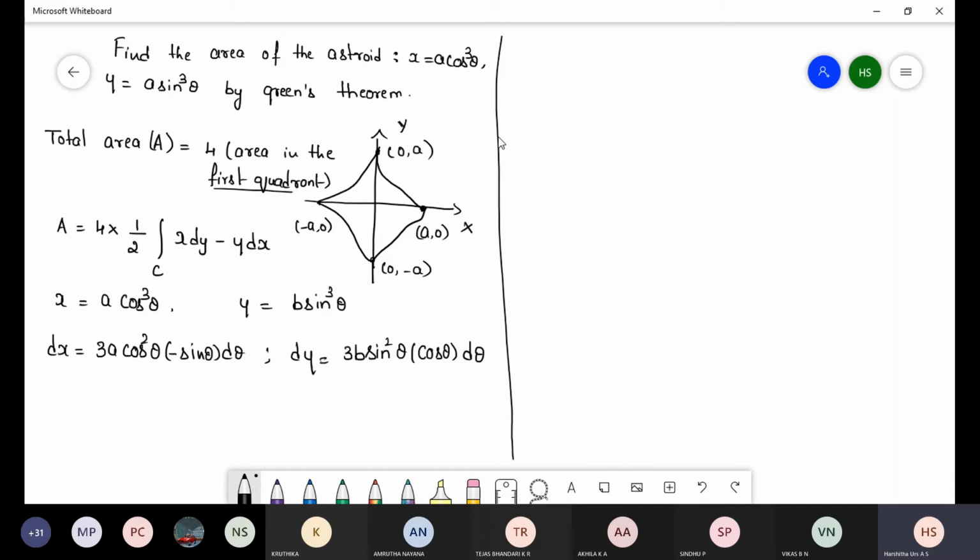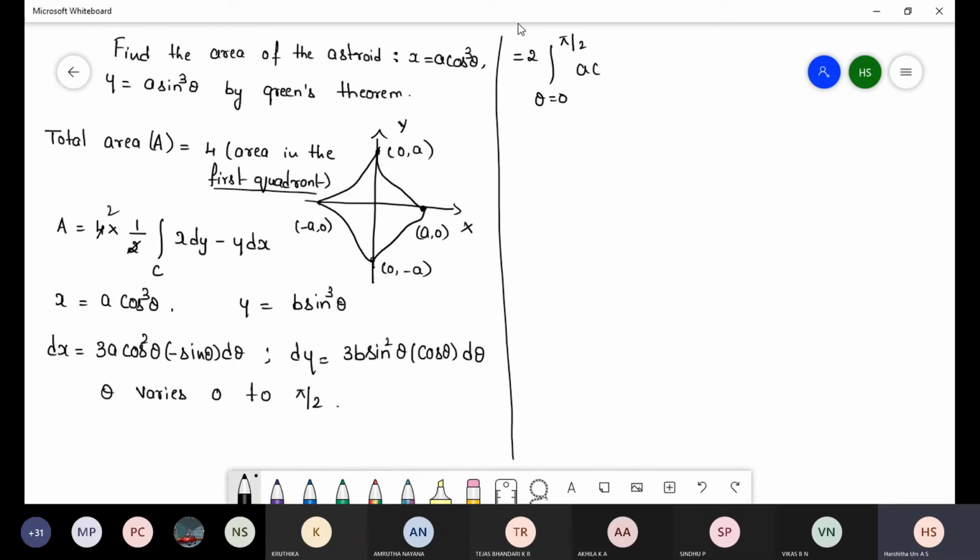Here we have mentioned the area of the first quadrant, so theta varies from 0 to pi by 2.